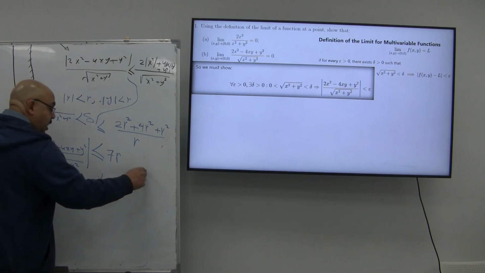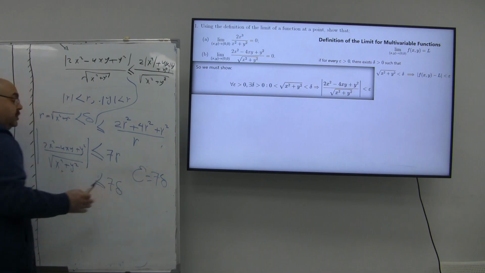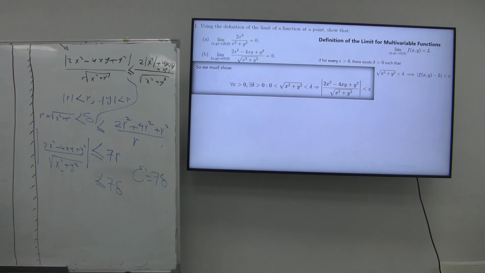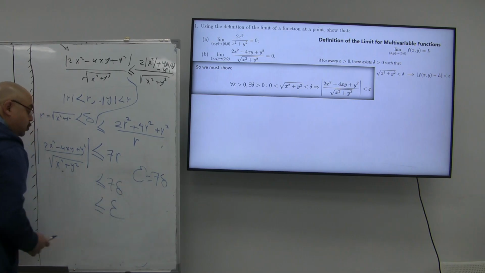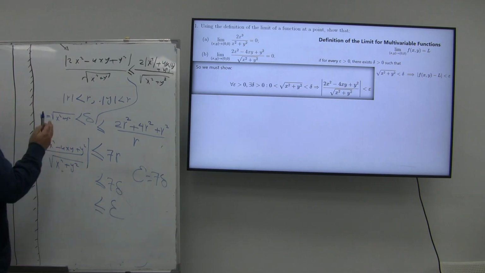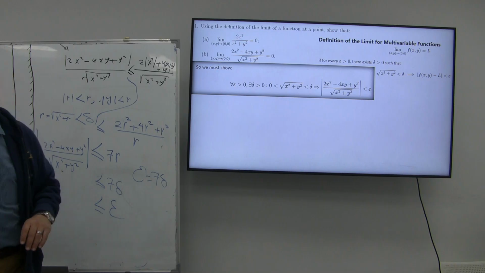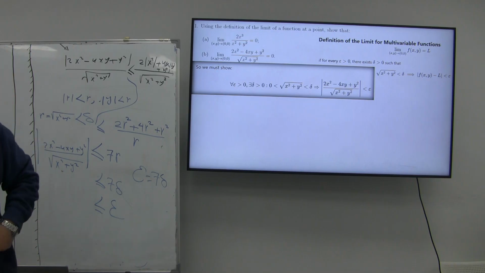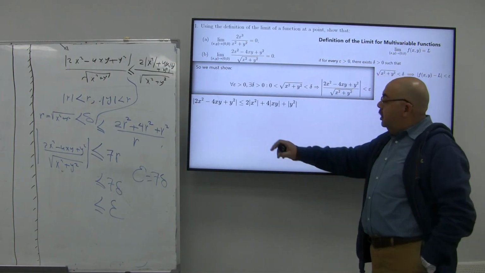So once more, I will choose epsilon equal to 7 delta. Since delta is greater than 0, epsilon is greater than 0. Now I'm sure that there is some value epsilon greater than 0 bounding the difference between the kernel and the value of the limit. So once more, we are sure that this general limit already exists regardless of the path you are using, and it's equal to 0.